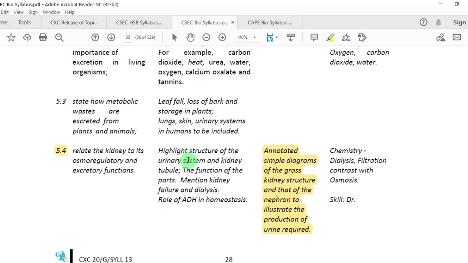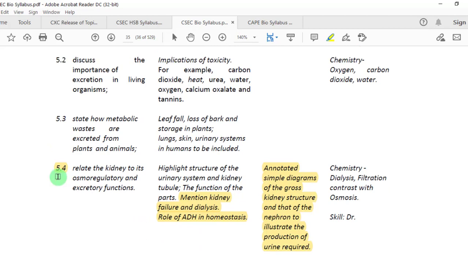So even if they say highlight, remember the practical skills, you still need to be able to do annotated diagrams, function of the parts, kidney failure, mention kidney failure and dialysis. So that may have referenced it, and ADH, very important.